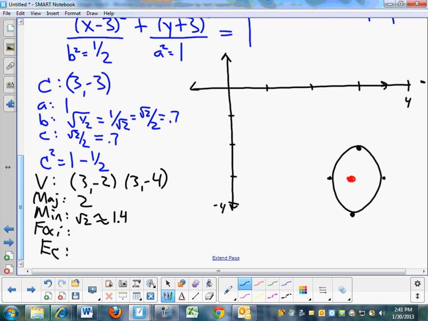The foci are located 0.7 units, or the square root of 2 over 2, from the center. So I need to add 0.7 onto that y value. And you'll get (3, -2.3). If you subtract 0.7 off of that center value, you'll get (3, -3.7).